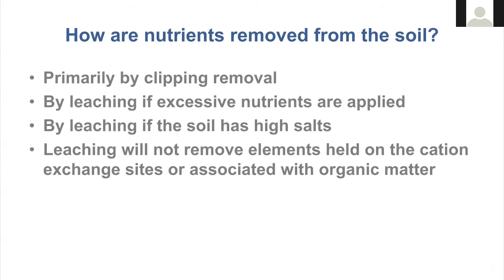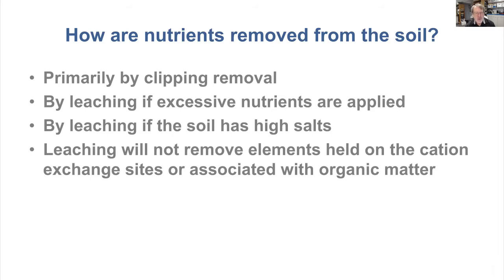Primarily, clippings are the main way that nutrients get extracted from the soil. If there's leaching of nutrients, that means too much was applied, like leaching of phosphorus, or even if you leach calcium, there's just too much of it on there. So it's not what's held in the system.